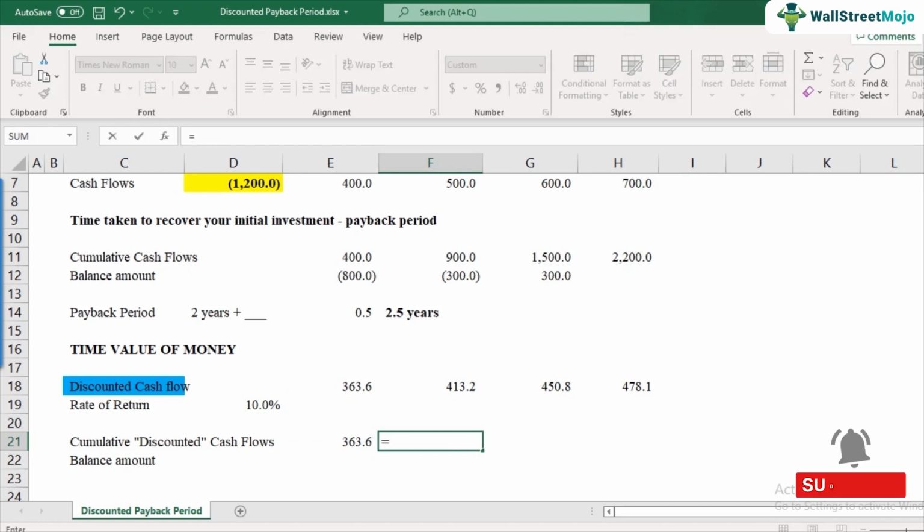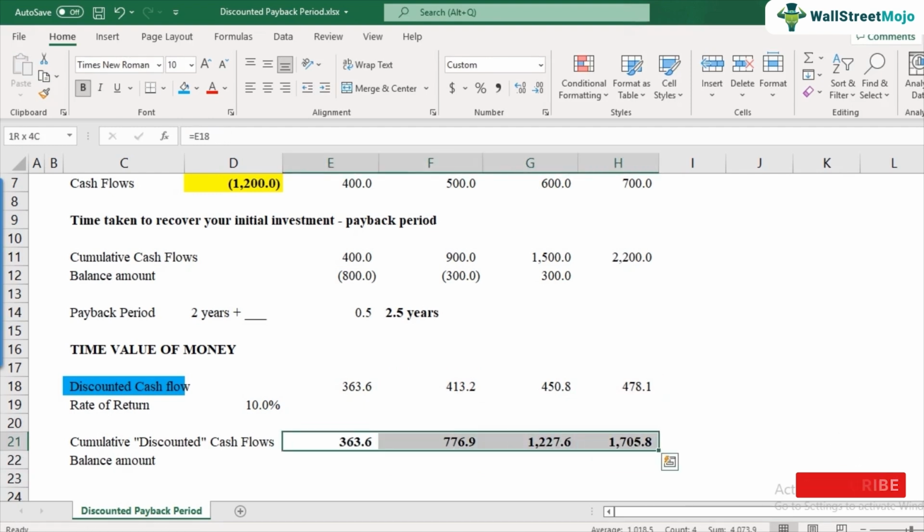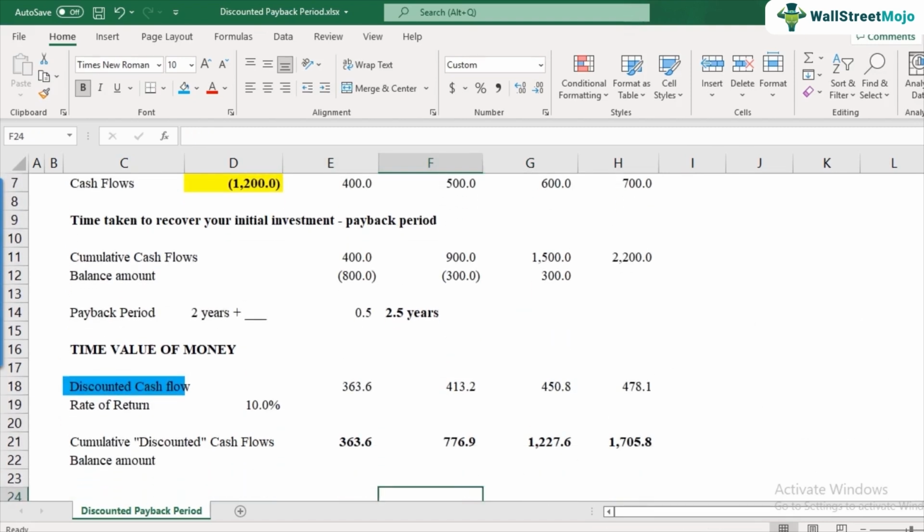What about the second year? 363.6 plus 413.2. And we continue to the very end. So as you can see here, the profile looks slightly different, right? So by the end of year 3, you assume that you have recovered $1,500, but here in this case, you have recovered how much? 1227.8.